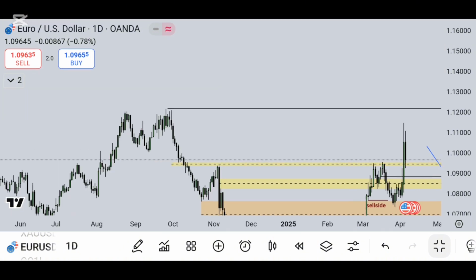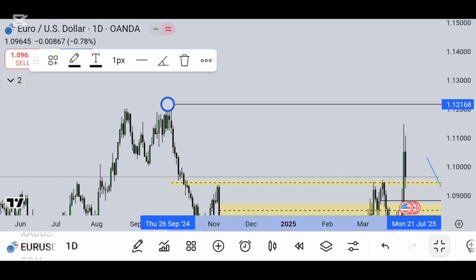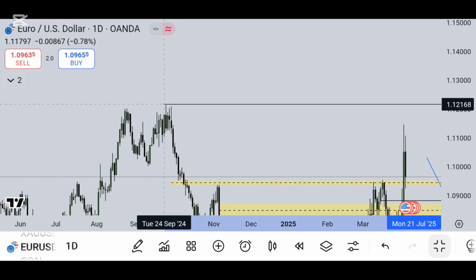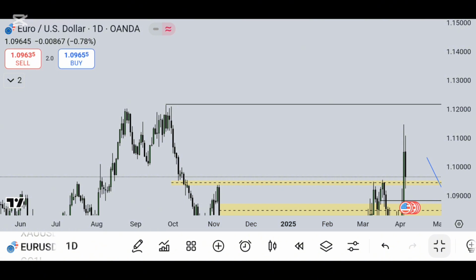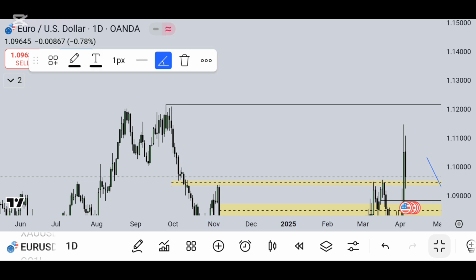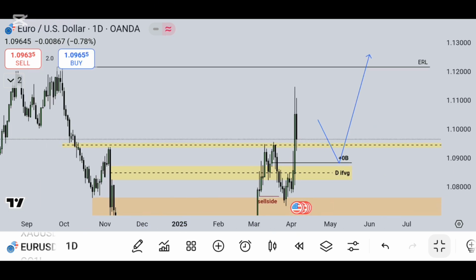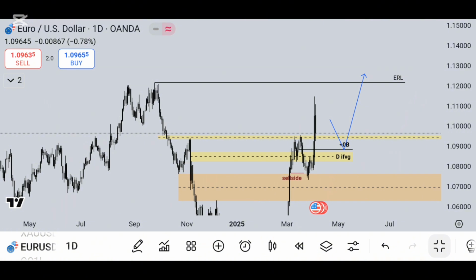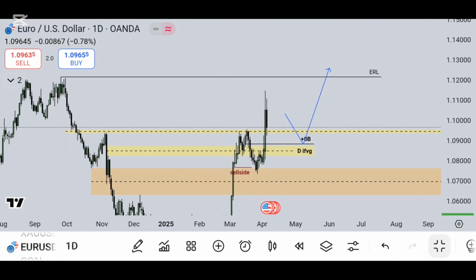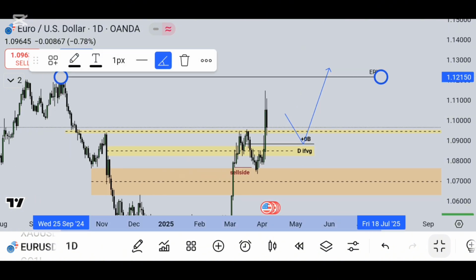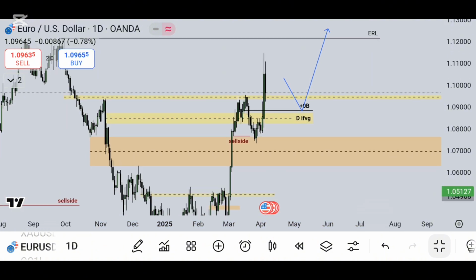I'll first make sure that the level is correct, right? There we go. All right, the level we should all look at is level 1.1250, right? 1.1250, that's the level we should look at.